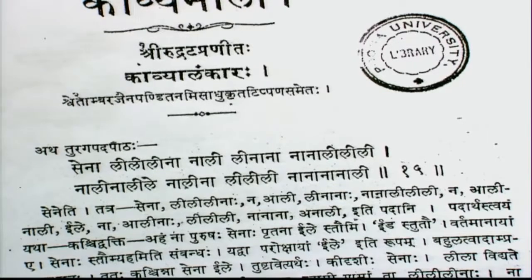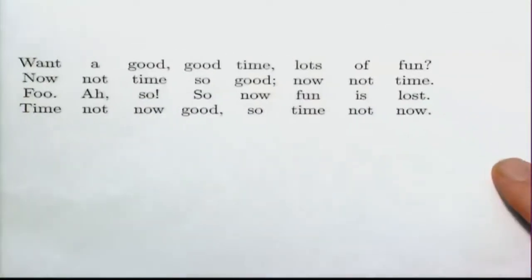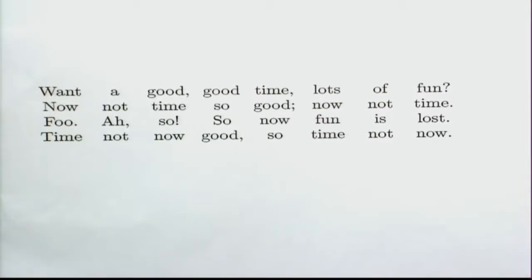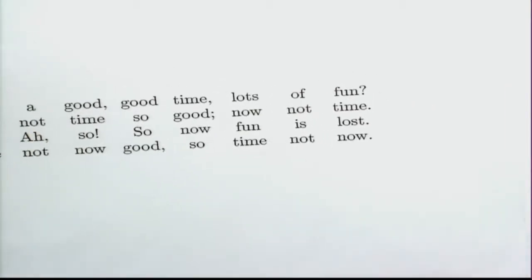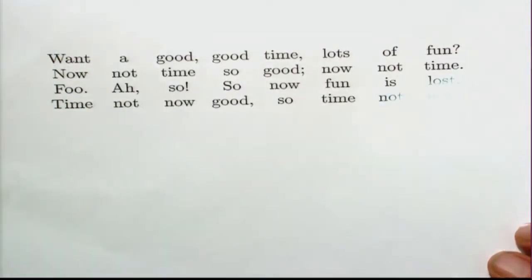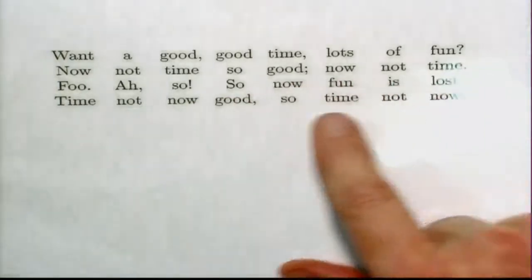Since not too many of us read Sanskrit, I'm going to show you in English what Rudrata's idea was. So let me show you a poem that I came up with that is a Knight's tour. Okay, so: I want a good time, lots of fun. No, not time so good. Now, not time.